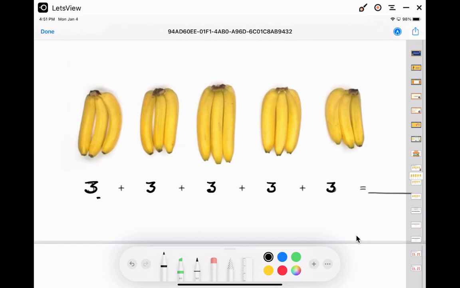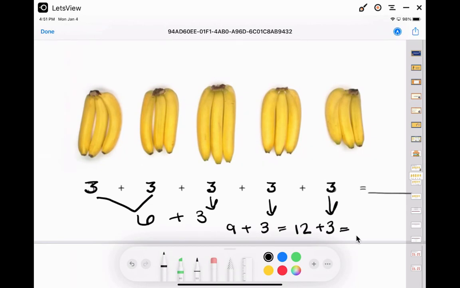Let's see. 3 plus 3 is 6. 6 plus 3 is 9. 9 plus 3 is 12. And 12 plus 3 is 15.